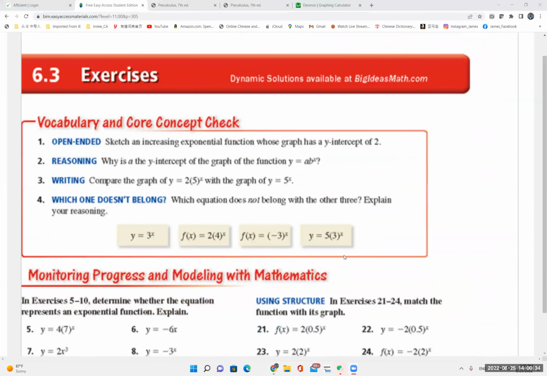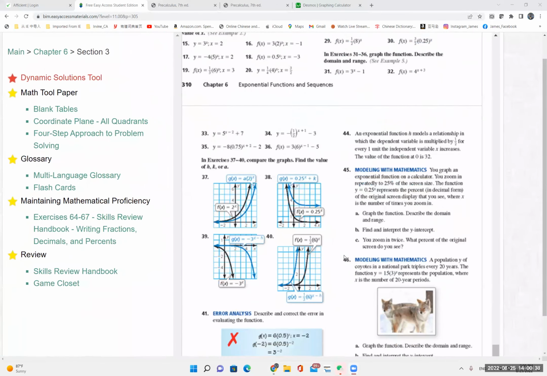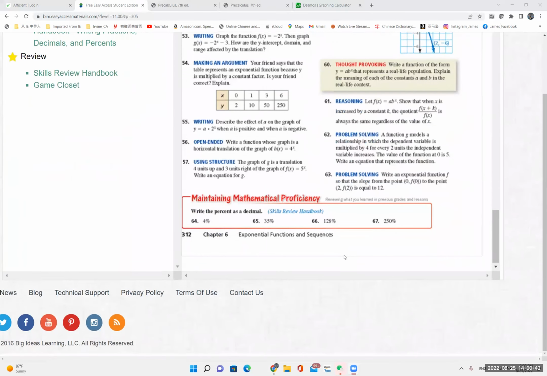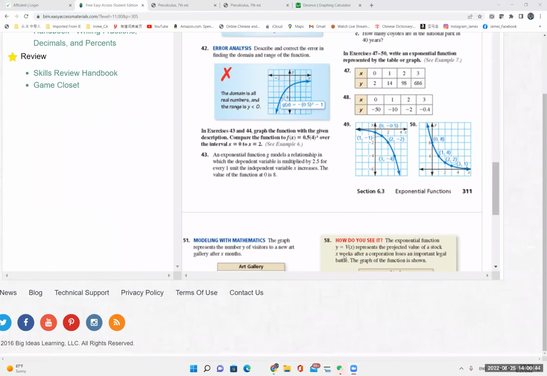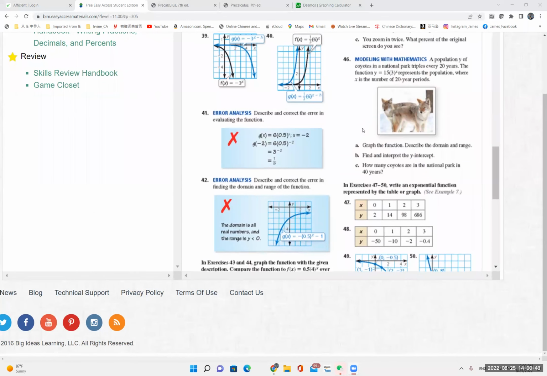Okay, now let's assign some homework. Okay, let me write the homework here. Section, HW, today's date.